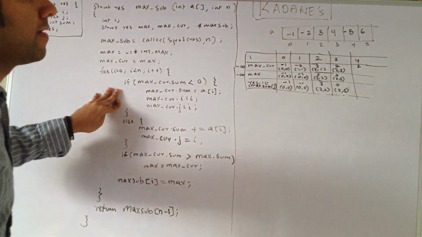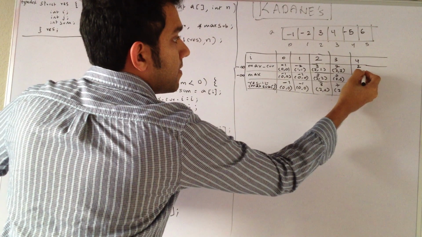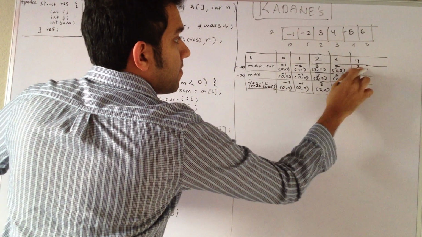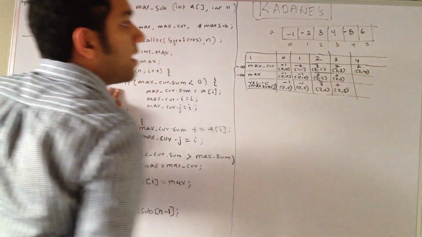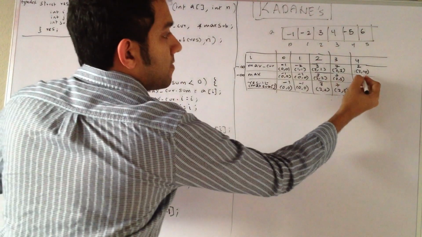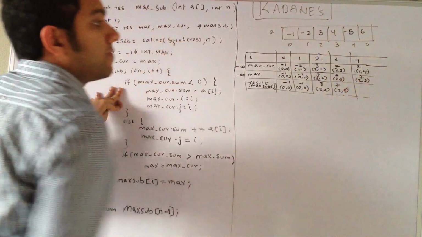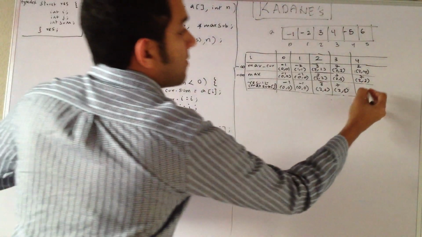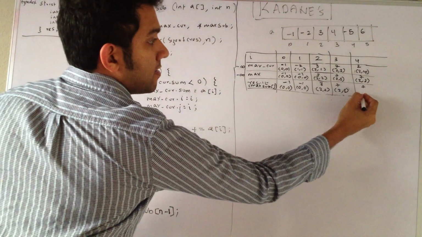We update maximum current's interval to 2, 4 because we included ourselves in the interval. Then we see if we're better than max or not. No, we're not better than max, so we leave max at 2, 3. And as we should, we set our result to 2, 3.